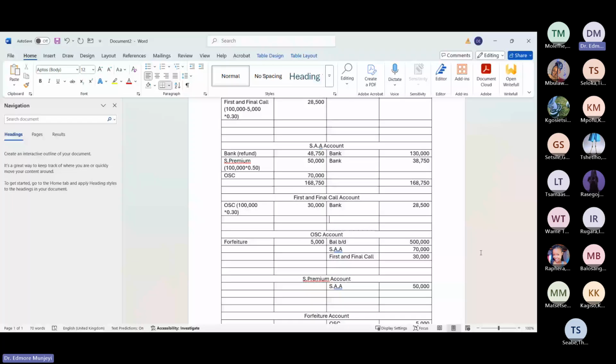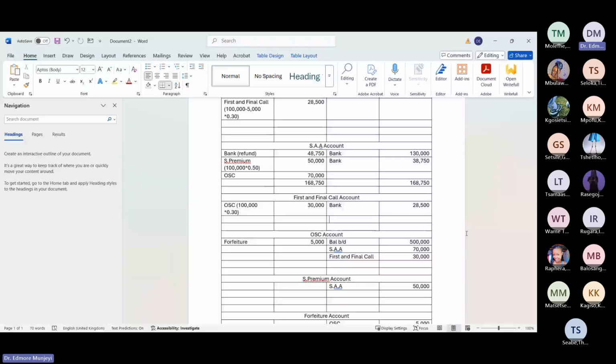Then the other issue that you were supposed to attend was the first and final call. You keep quiet when you were supposed to comment. Your other team members said that on the first and final call, everything was fine. Bank credit this account by bank 28,500.